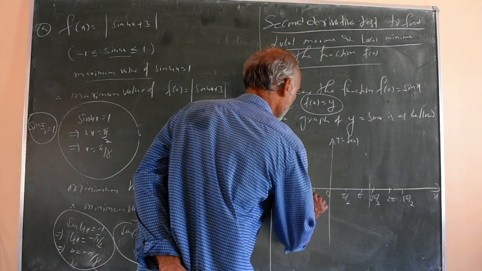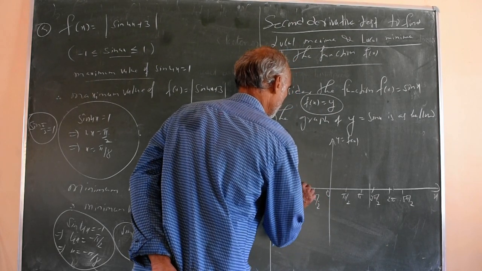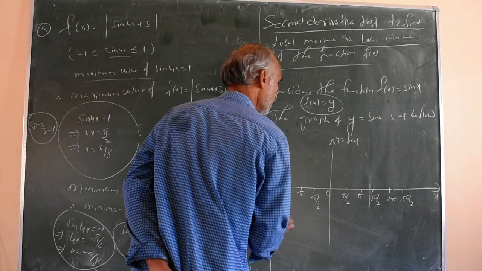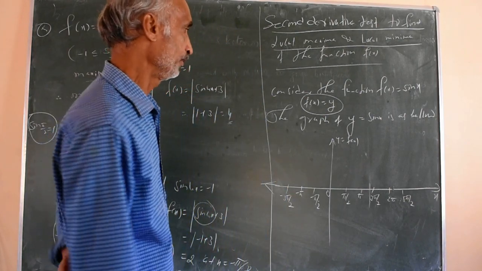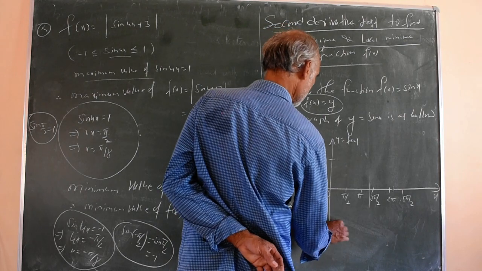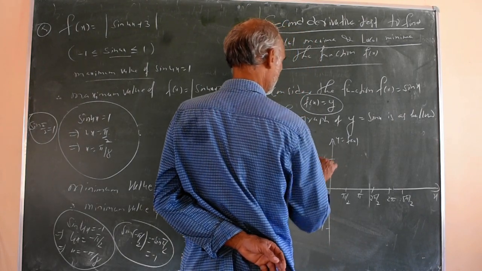On the left, minus pi by 2, minus 2 pi by 2 which is minus pi, minus 3 pi by 2, and so on. On the y-axis we have plus 1 and minus 1, where y means f of x.